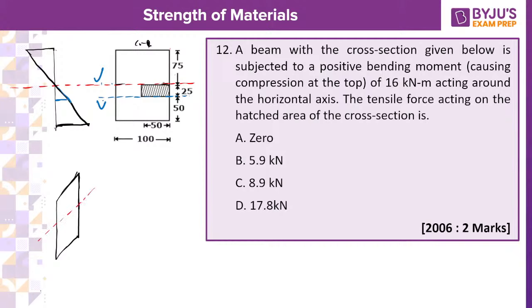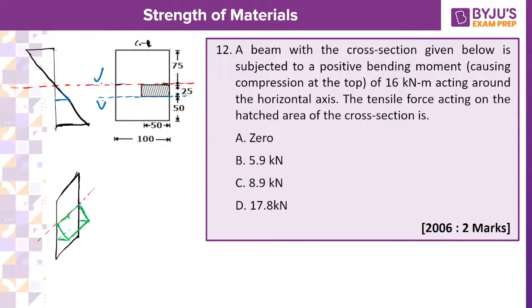Now, as per the variation, I'll draw the stress for the tensile zone. Although he is not asking over the whole area, this is the way the total bending stress will vary. Here it is 0 at the neutral axis, and here it has some value.